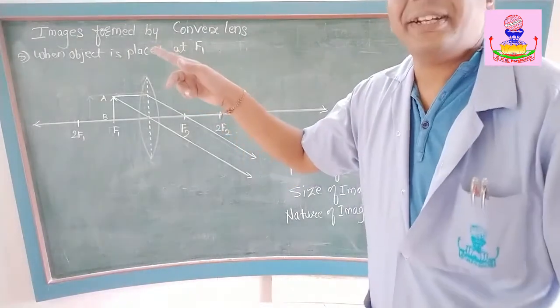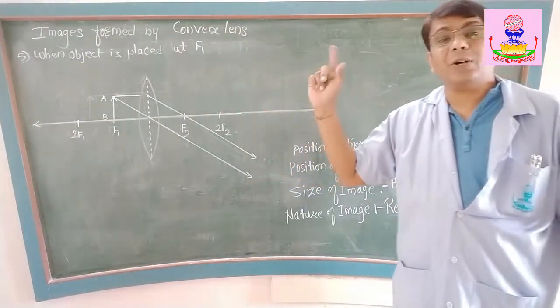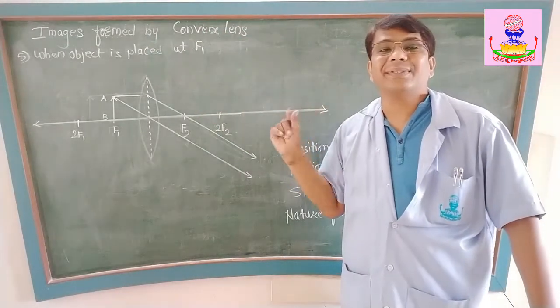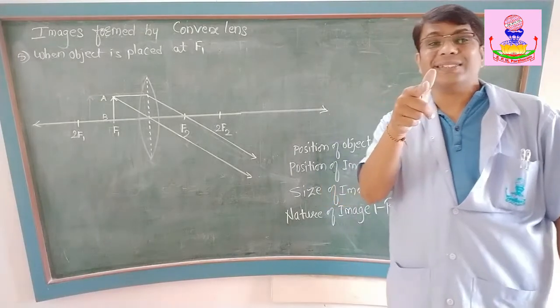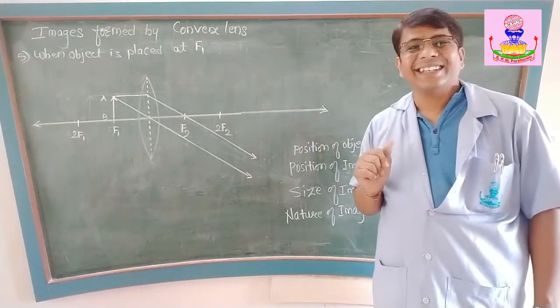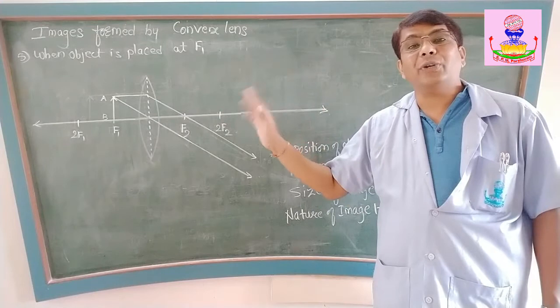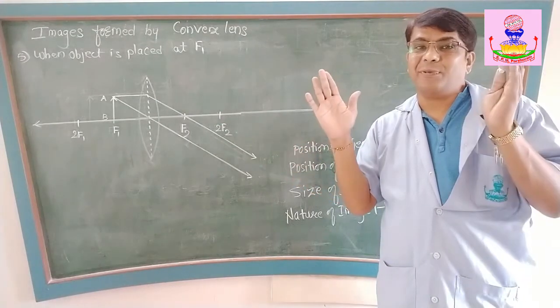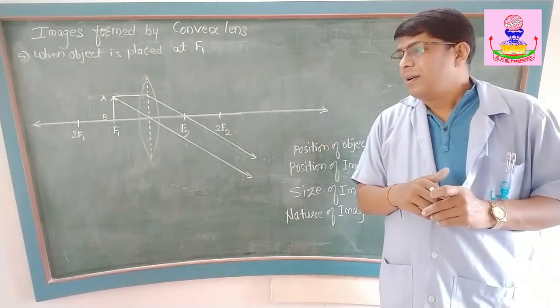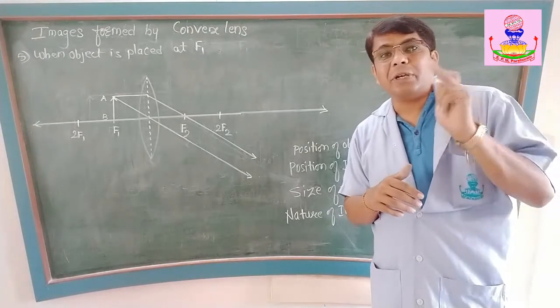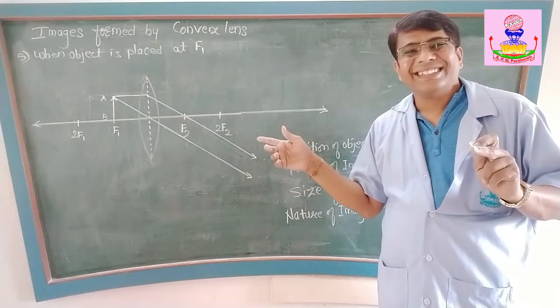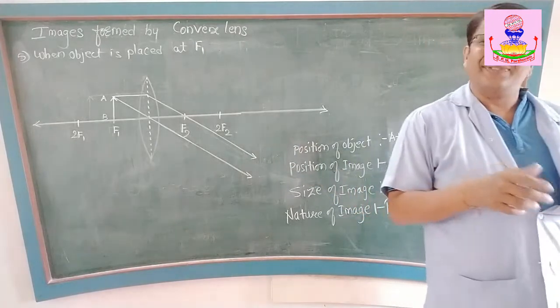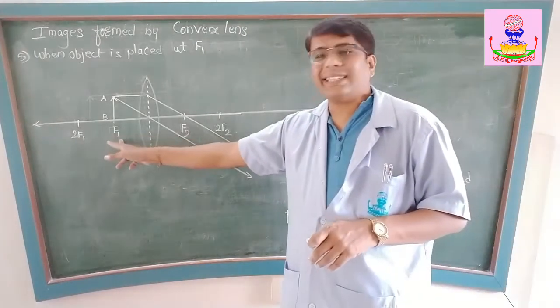Okay. Now we have started from infinity. When the object was at infinity, the image was at F2, that is at focus. When the object came at beyond 2F1, the image was between F2 and 2F2. When the object was between 2F1 and F1, the image was beyond 2F2.